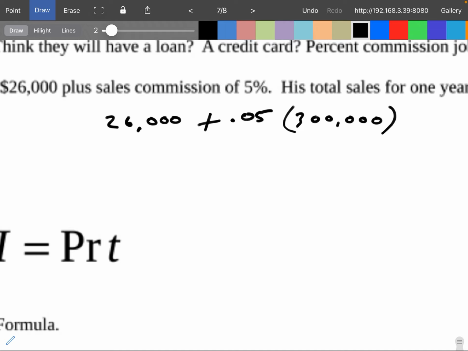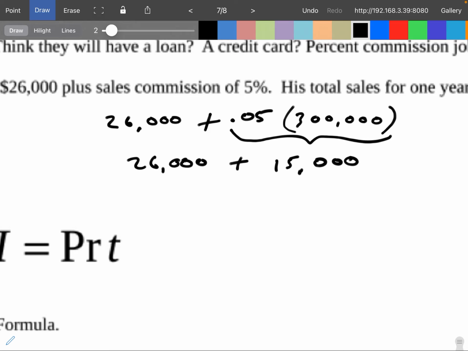So if you do the 0.05 times the 300,000, that part right there is 15,000. That's 5%, that's his commission, 5% of the 300,000.